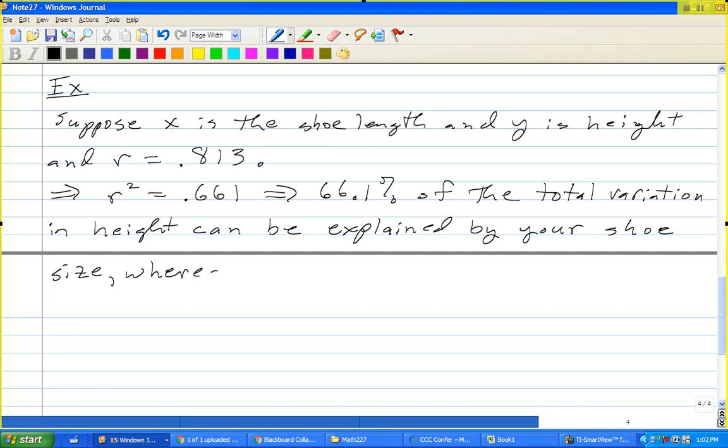Whereas the other 33% cannot be explained by your shoe size, by the length of your shoe.